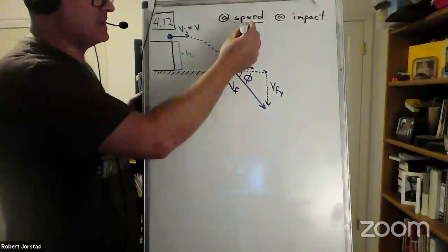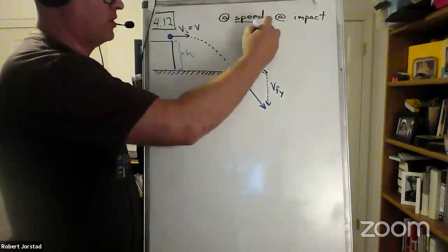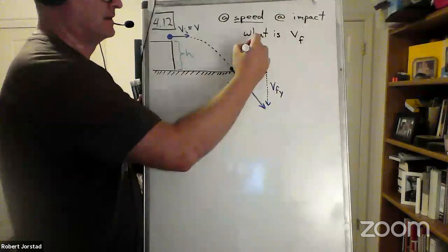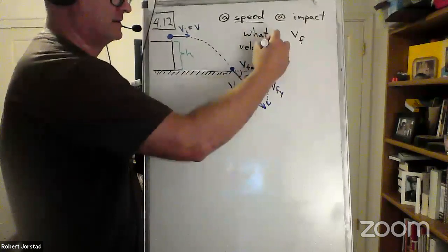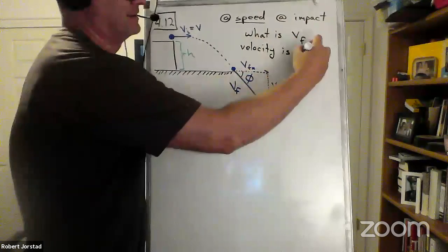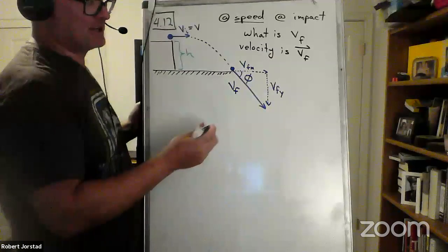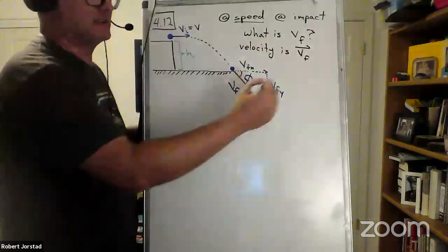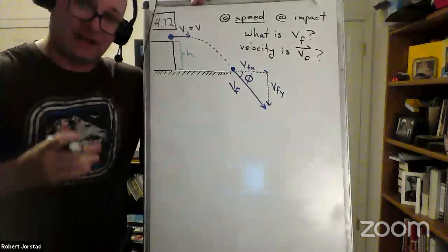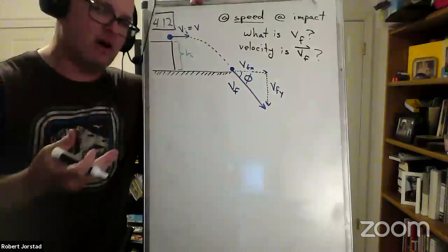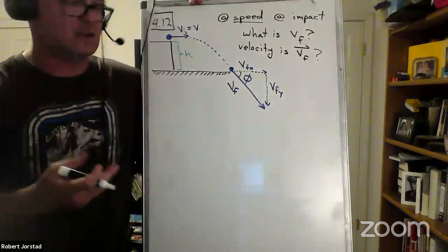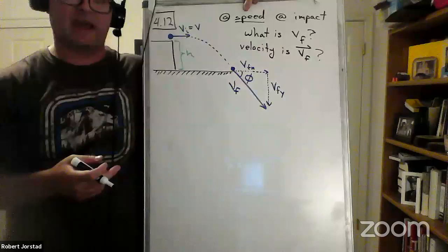If I just say speed, I'm asking what is the magnitude of V final? Velocity is the vector V final. So different, right? So watch out. And remember that in these problems, you kind of have to know whether I mean a velocity or a magnitude. And the key word here is speed. That's the magnitude of the velocity.